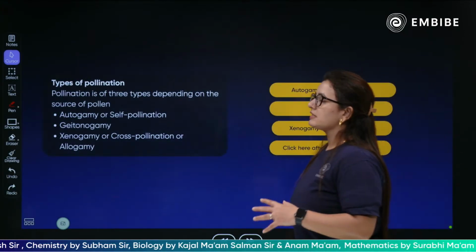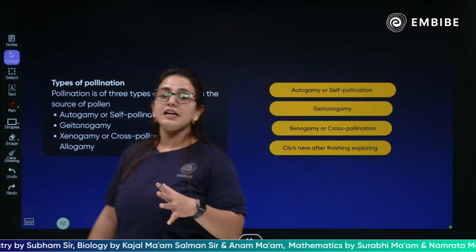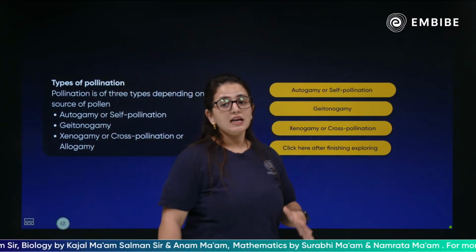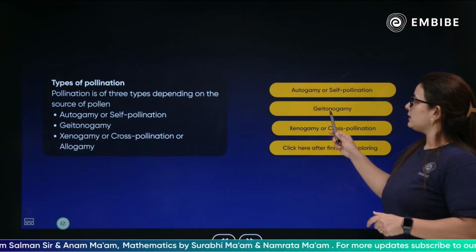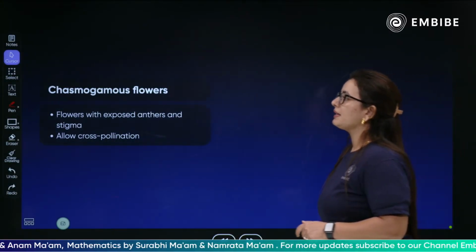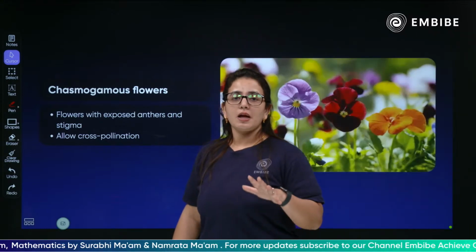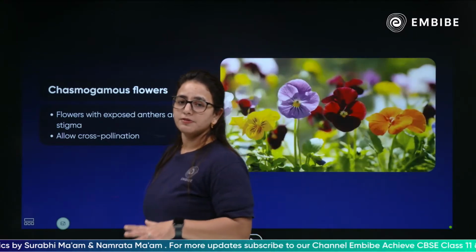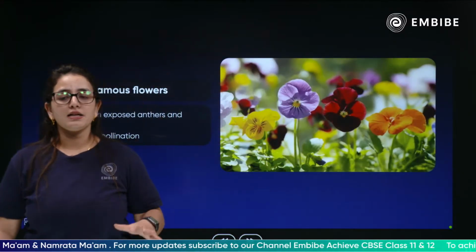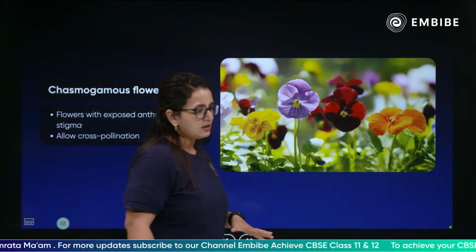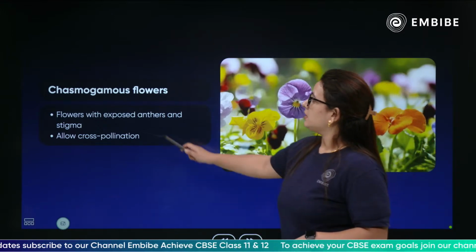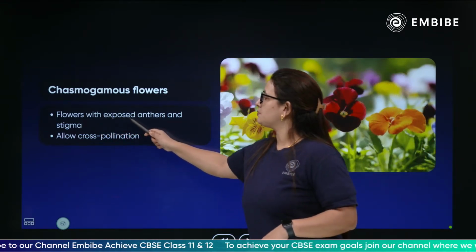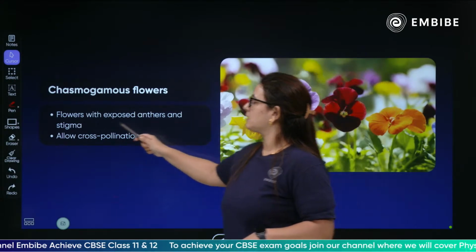Next, the next type of pollination is geitonogamy. Let's see what we have in geitonogamy. Children, talking about it, we have chasmogamous flowers. What kind of flowers are called chasmogamous flowers? Chasmogamous flowers have exposed anther and stigma.